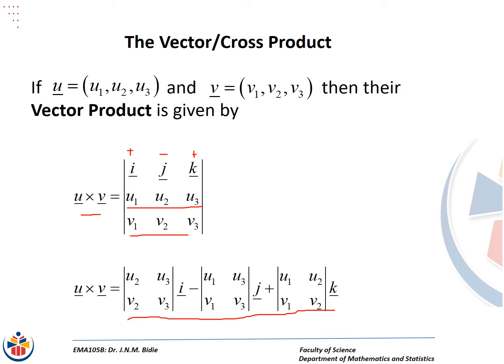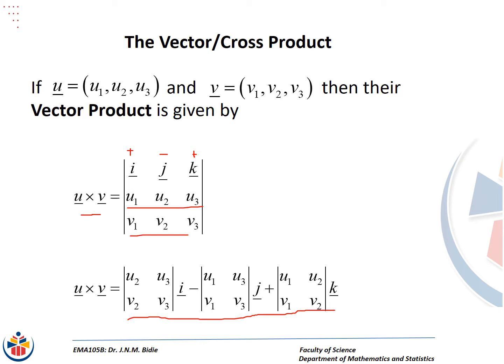Minus 1 to the power 1 plus 1, because i is in the first row, first column, will give us a positive i, and then we delete the first row and first column. We are left with u2, u3, v2, v3 in our minor. And then we go to taking out j. Note that j is in the first row, second column.